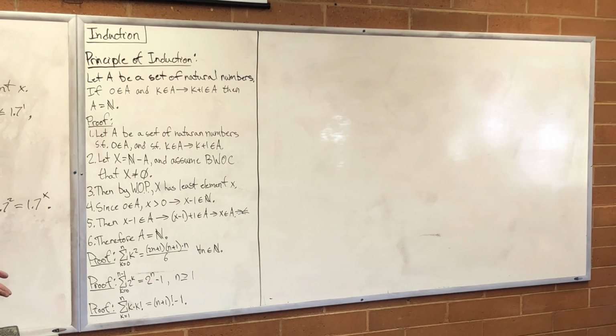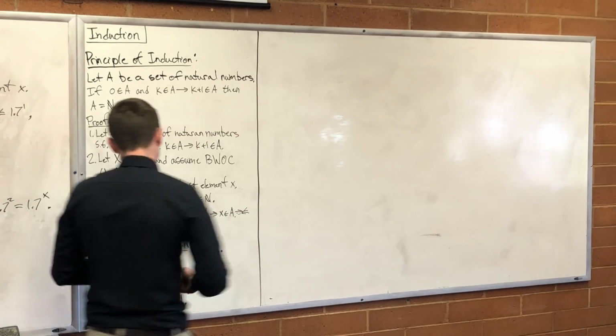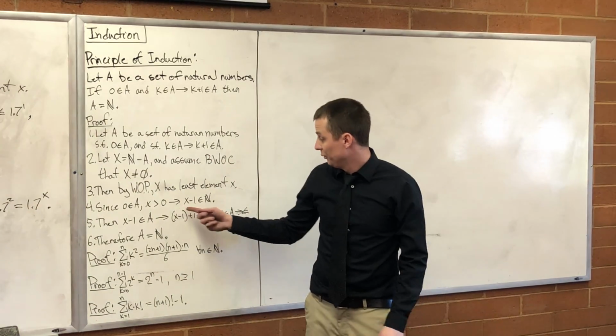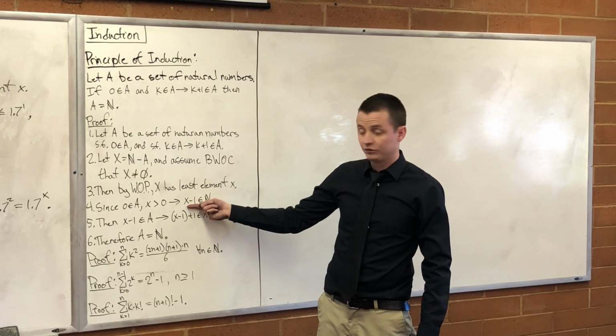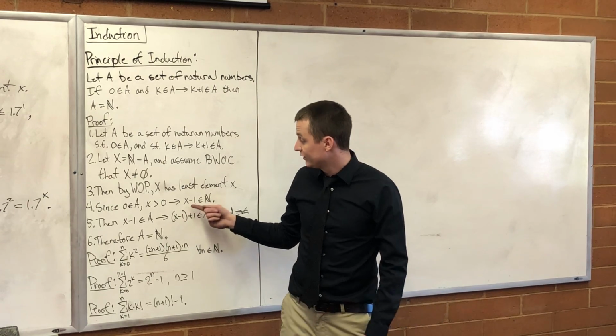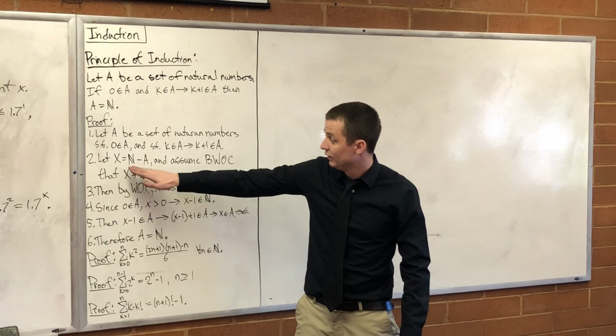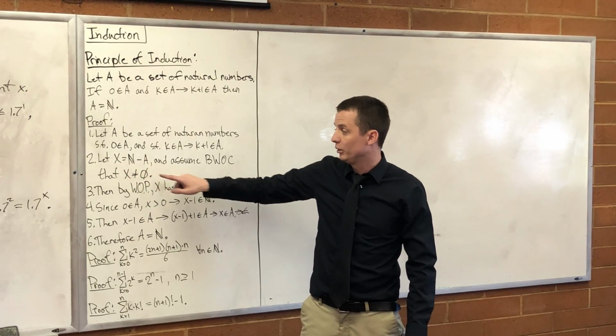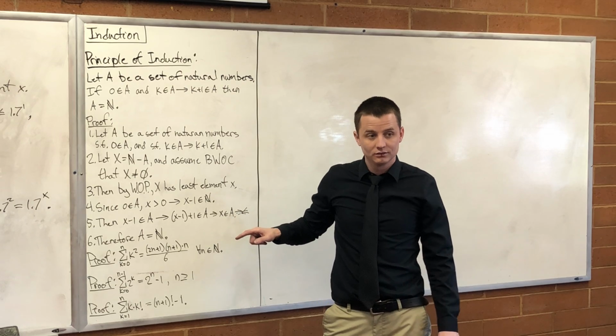You with me so far? Okay. So x minus 1 is a natural, and since x minus 1 is not in X, and x minus 1 is a natural, then x minus 1 must be in A.